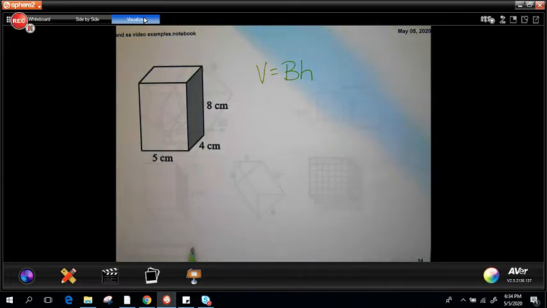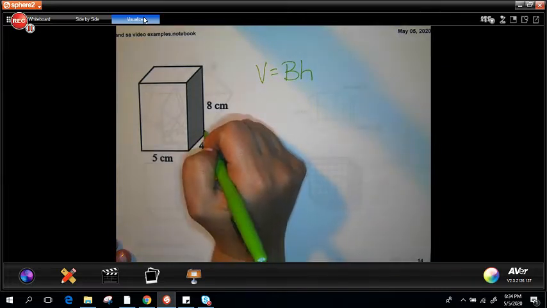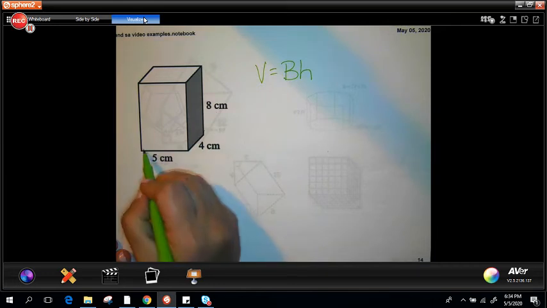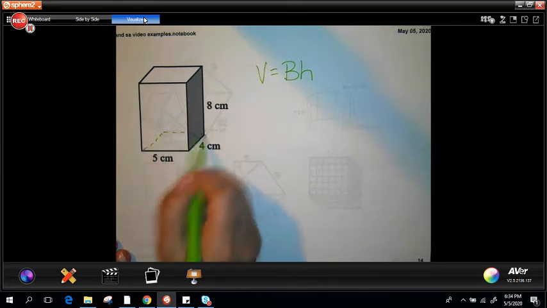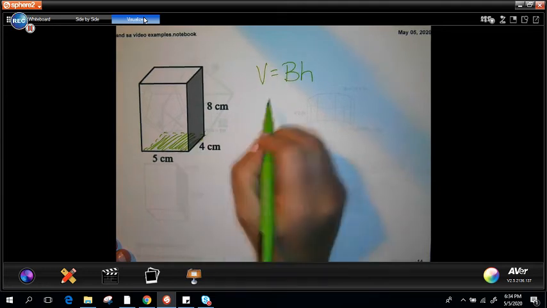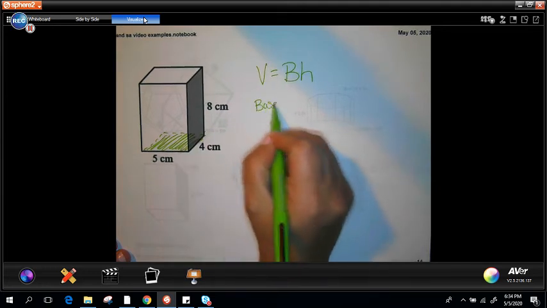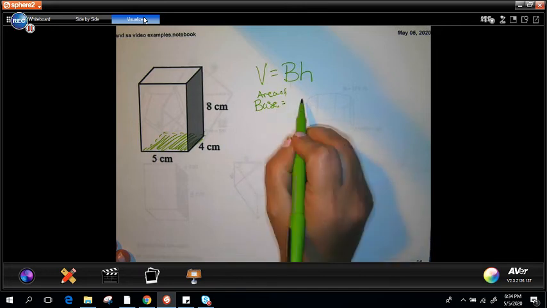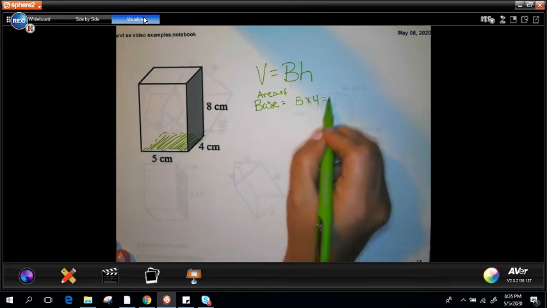Now the height is always going to be the side that connects the two bases. So here is my base. My base is a 5 by 4 rectangle. So the base, I got to find that big B, the area of the base, is a 5 by 4 rectangle, or 20.